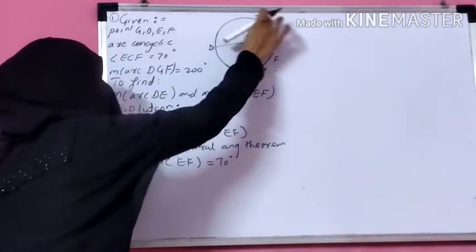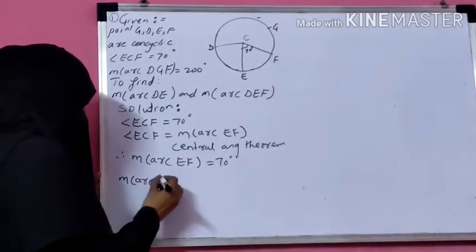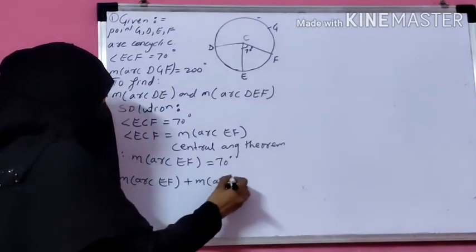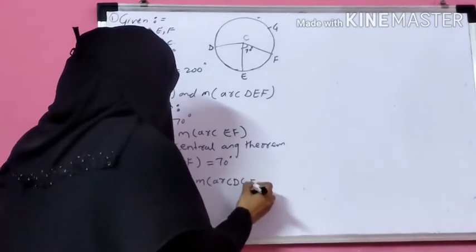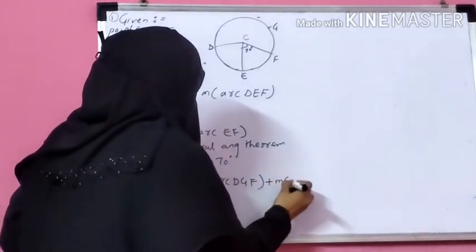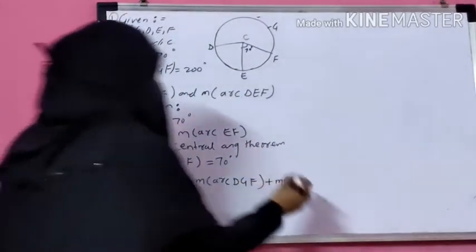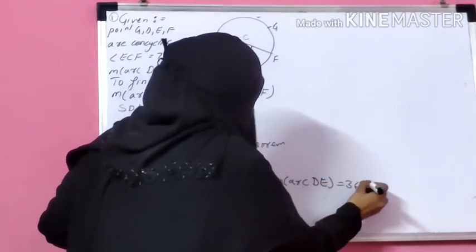So let's start. Measure of arc EF plus measure of arc DGF plus measure of arc DE is equal to 360.